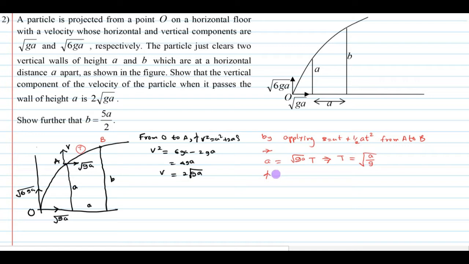Then vertically, b minus a is equal to 2 root ga times t minus 1 over 2 g t squared.